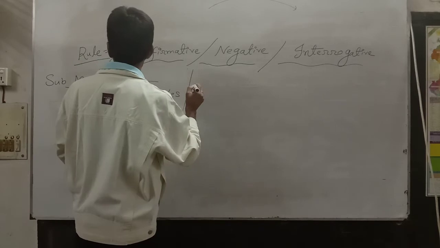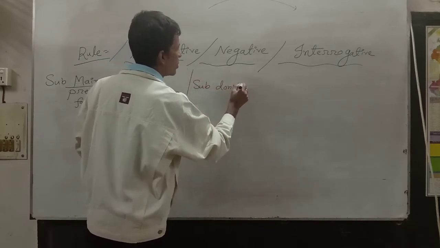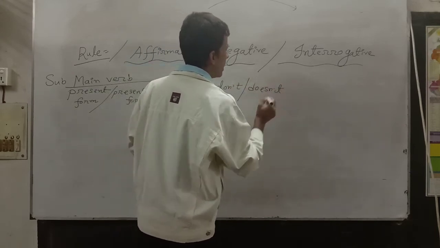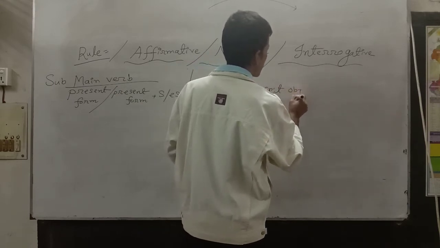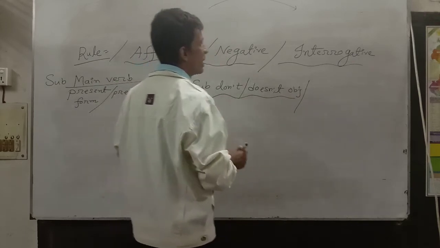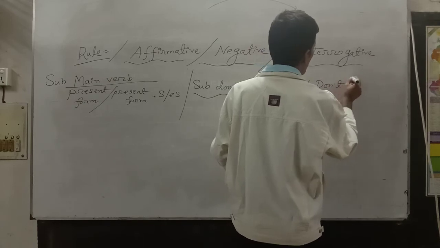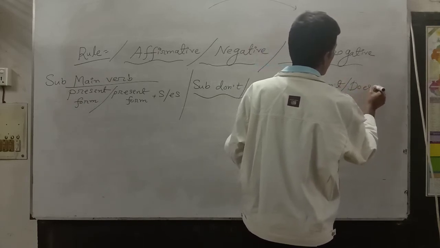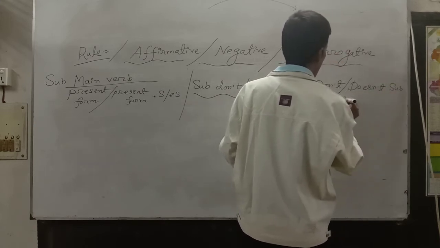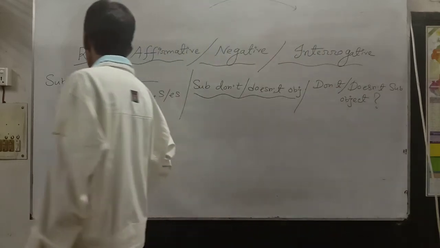Then in the negative form, you will have to write subject, don't or doesn't, and at last object. In the third part, interrogative sentence: don't or doesn't, then subjective case, and at last object.